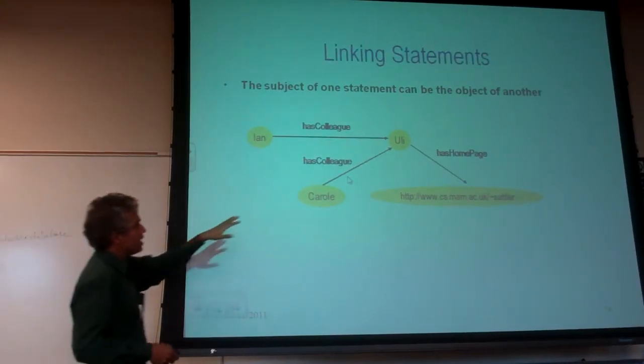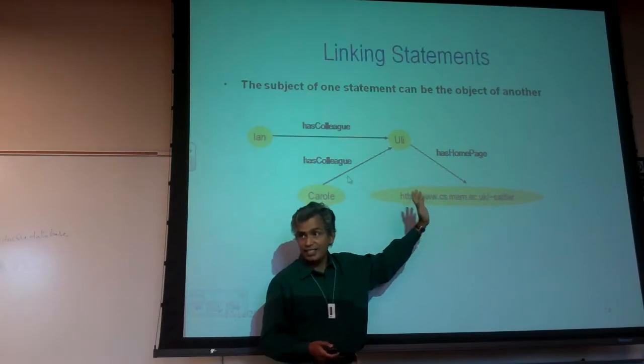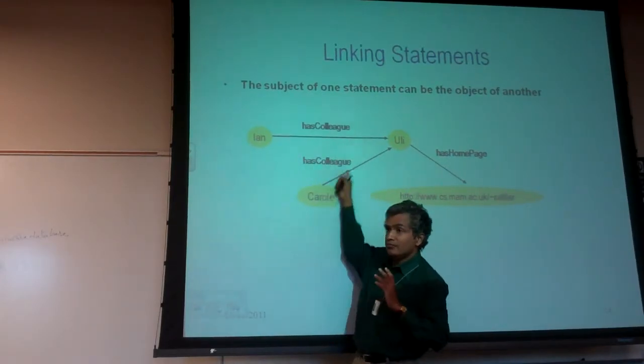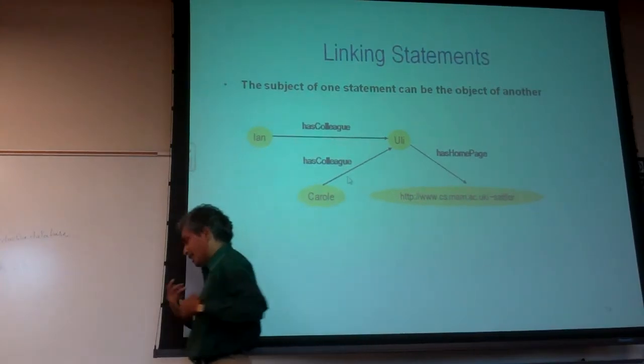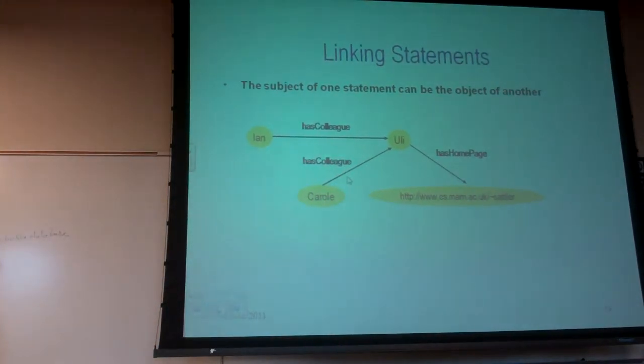They're not pages, they are entities, and these are typed links between them. This is why a store of RDF triples is also called linked data. There is a whole bunch of people working just on linked data, which is basically doing normal databases on RDF triples.